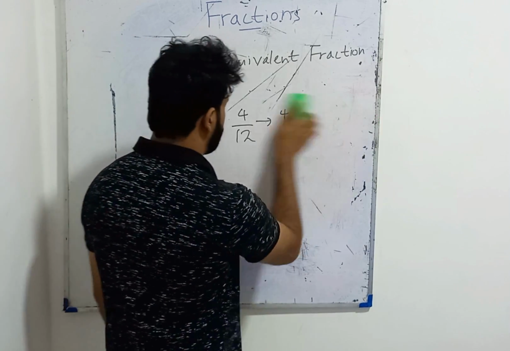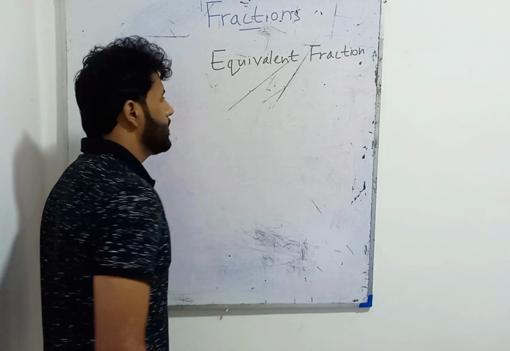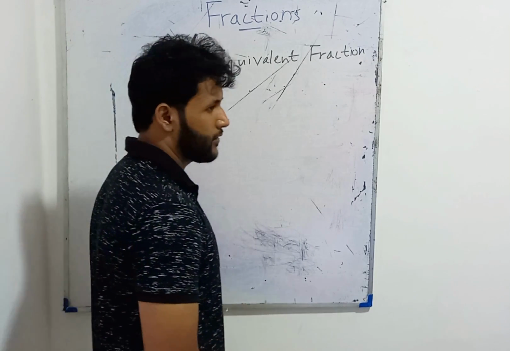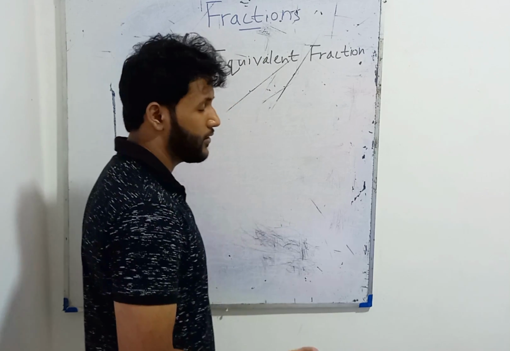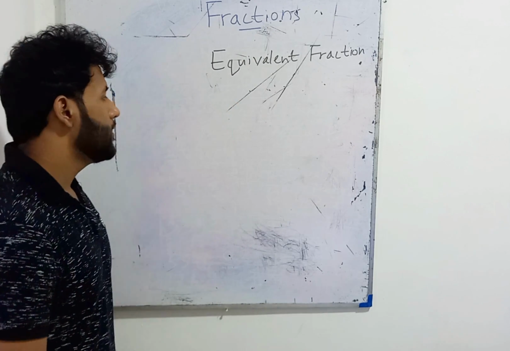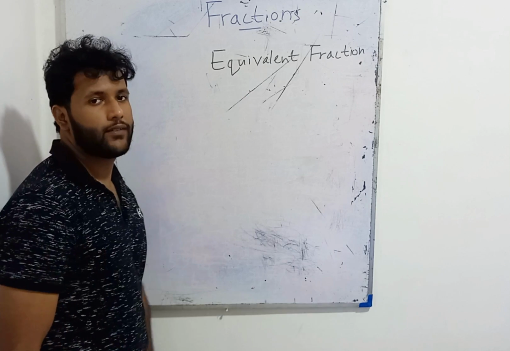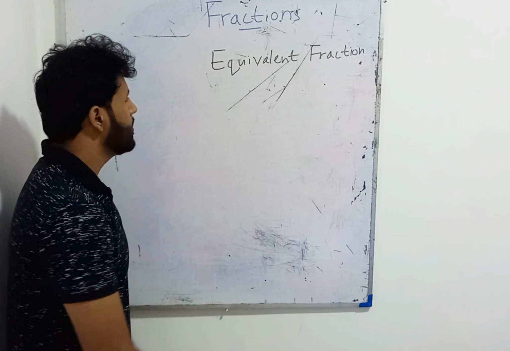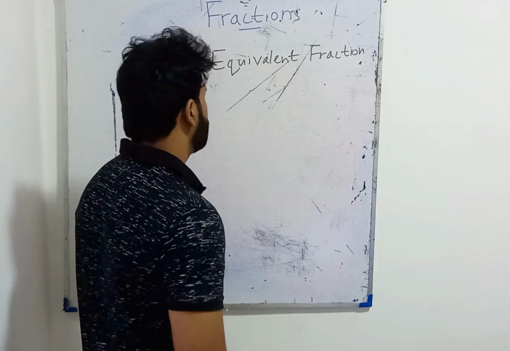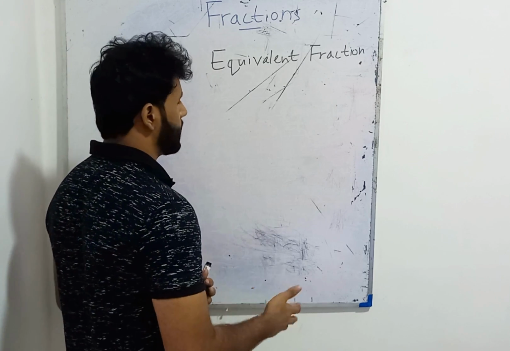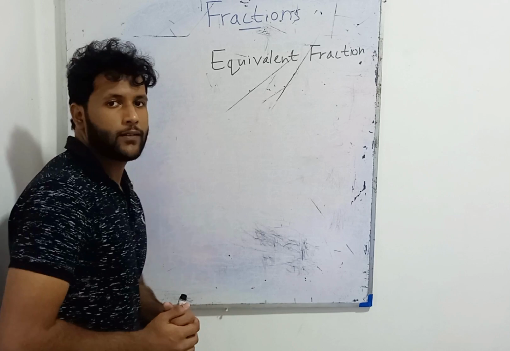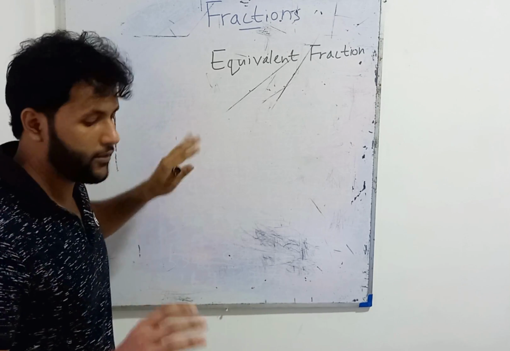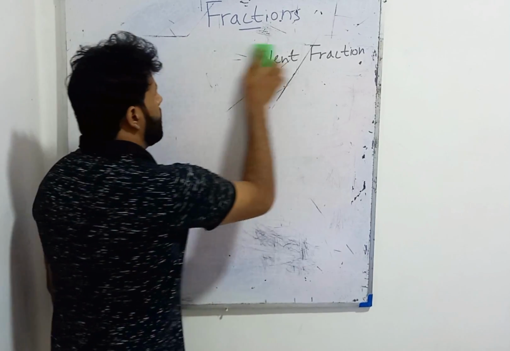So what are equivalent fractions? If you divide the denominator and numerator, both sides, by the same factor, or if you multiply both the denominator and numerator by the same factor, then you will get the equivalent fractions. So now you can understand equivalent fractions as well.